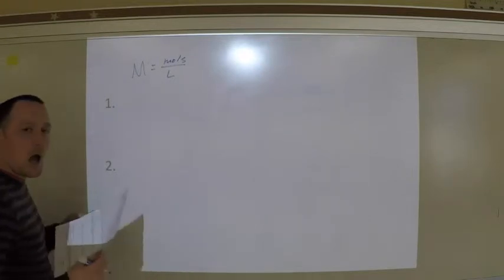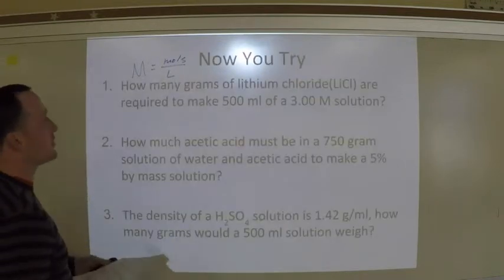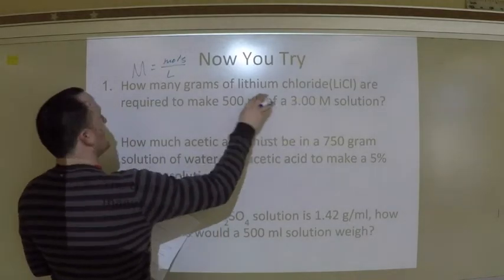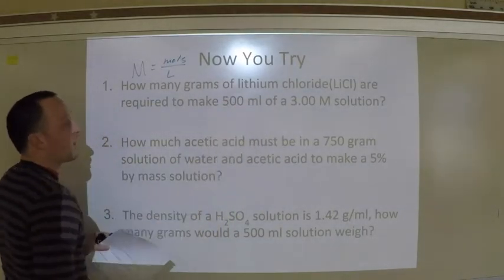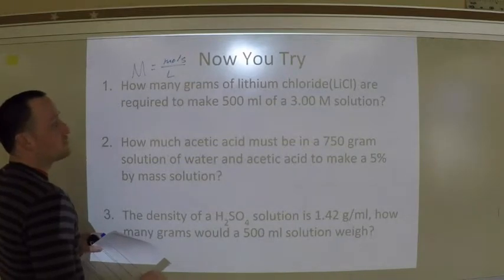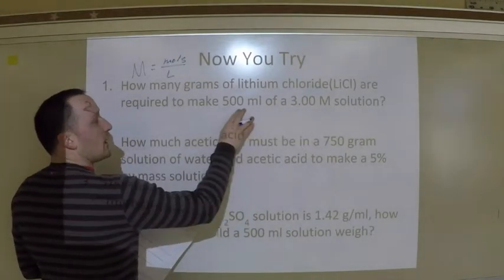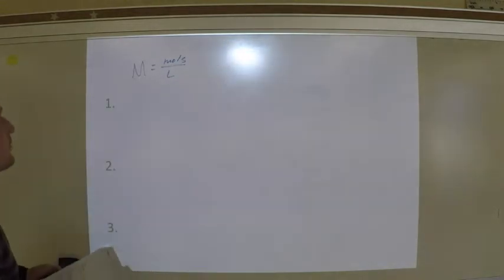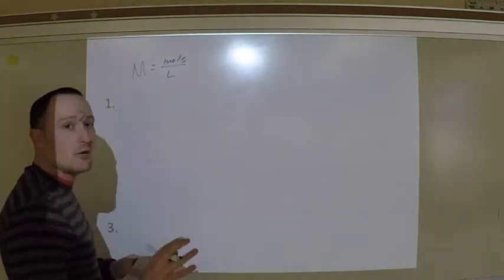I'm going to go back, look at my problem, and ask, what is my solute? Well, it's lithium chloride. It said that lithium chloride was in that solution. I'm given my molarity and I'm given my volume, but it is not in liters. So I'm going to plug in the values that I know.